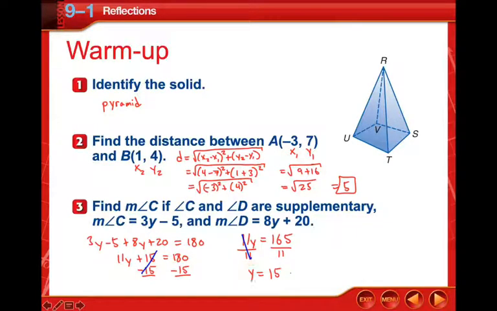Oh, we weren't looking for y, as we want to know what angle C is. So the measure of angle C is equal to 3 times 15, or y, minus 5. 3 times 15 is 45, minus 5 is 40.